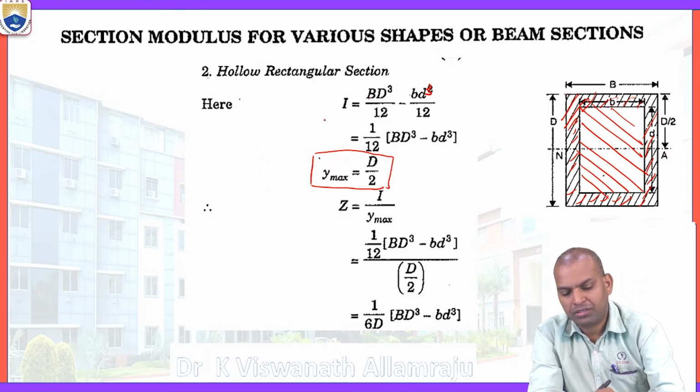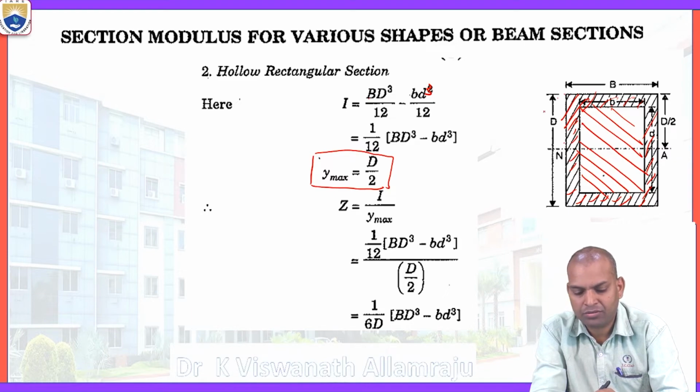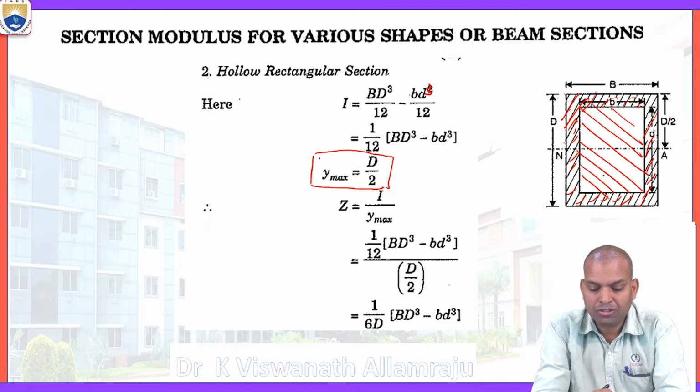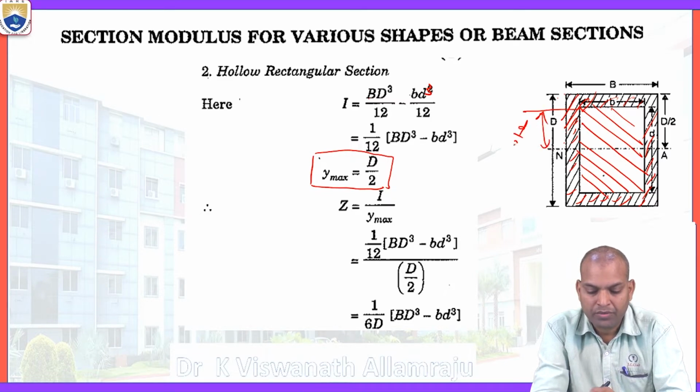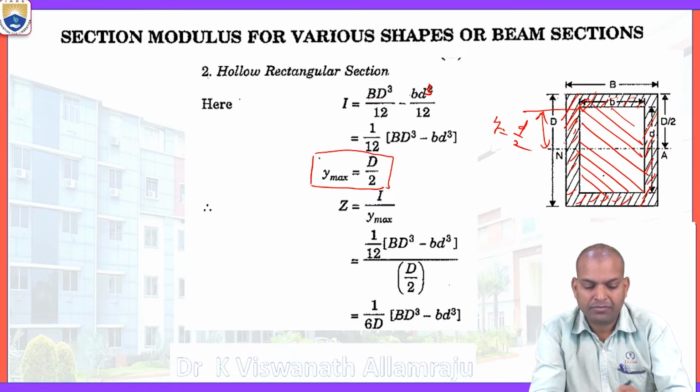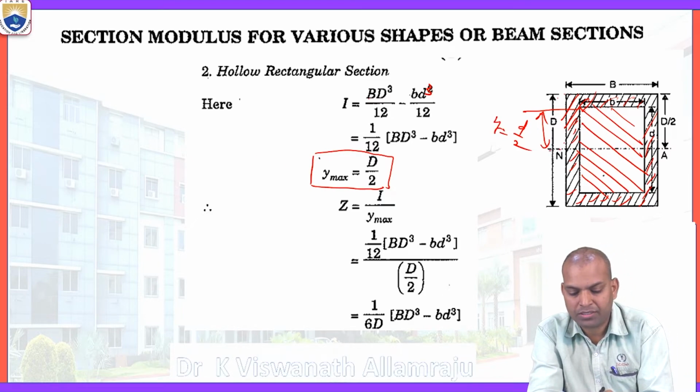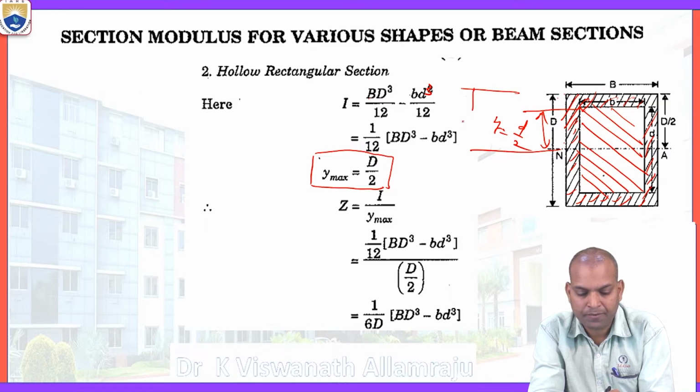So for the outer section, the top, y equal to capital D by 2. It is not small d by 2. Small d by 2 is the distance to the inner section. We want y maximum, the maximum distance from the neutral axis to the outside, that is capital D by 2.